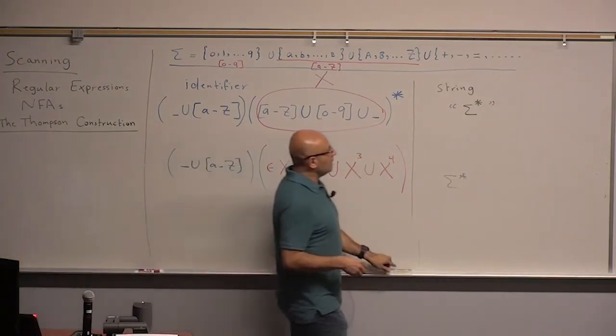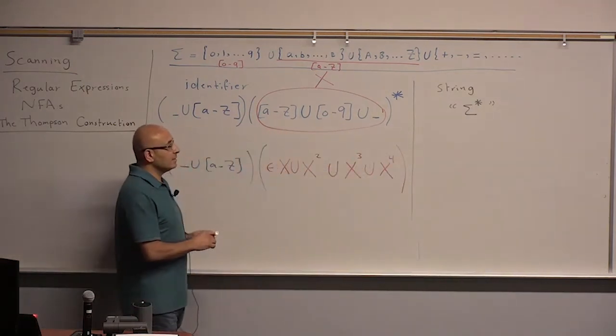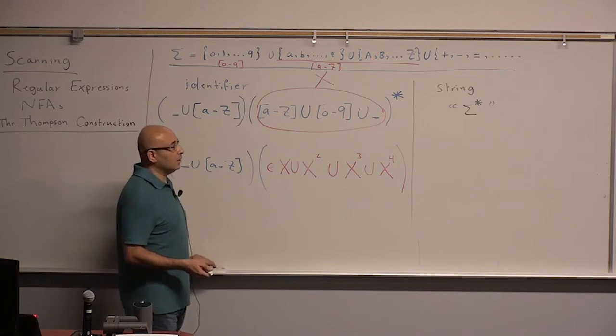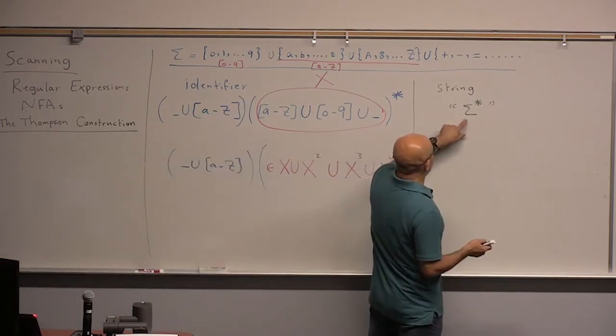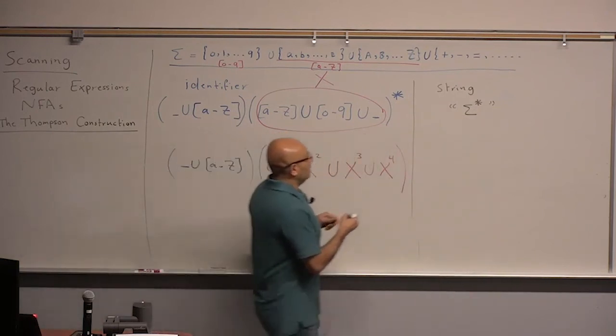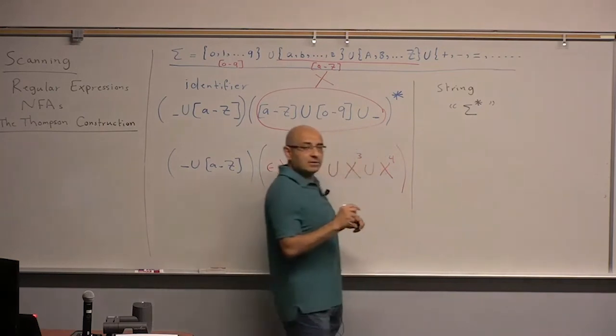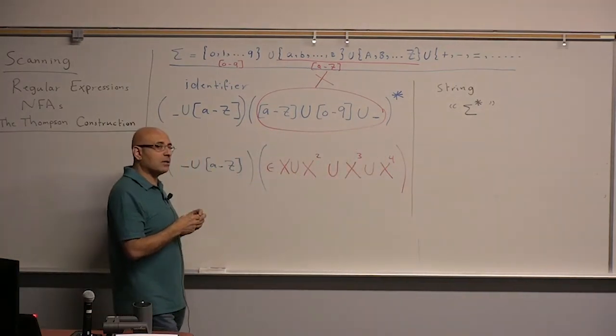But this anything, you want to exclude what? Closing, yeah, closing quote. So you can't have closing quote inside of this. So if you want to exclude it, how can you exclude the closing quotes?